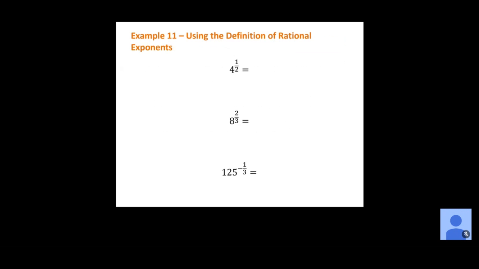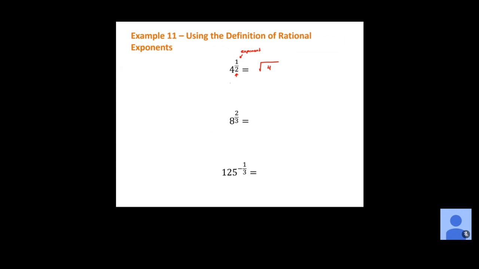All right, so let's see if we can rewrite some of these now and then simplify them. So we've got 4 to the 1/2 power. So again, using what we just saw on the previous slide, I know this is going to become some kind of radical with a 4 on the inside. My base always goes inside. Now I'm looking at my fraction. The numerator of that fraction is going to become the exponent.